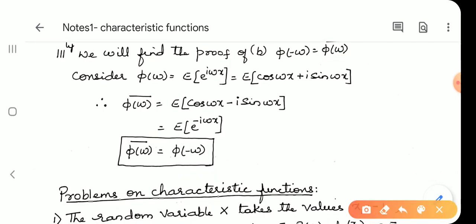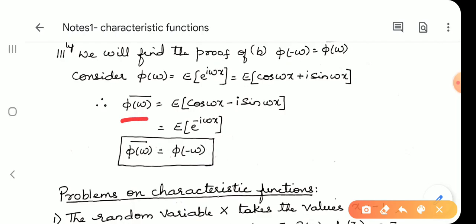So, phi of omega is nothing but expectation of e power I omega x. E power I omega x can be written in the form of expectation of cos omega x plus I sin omega x.